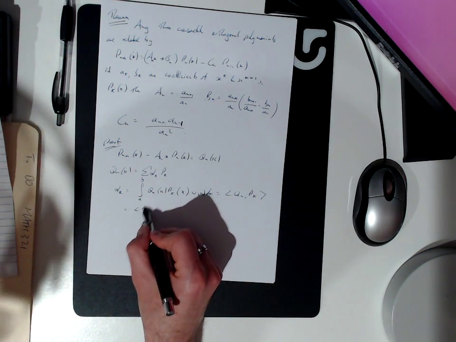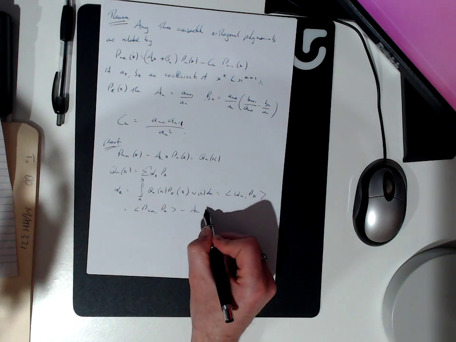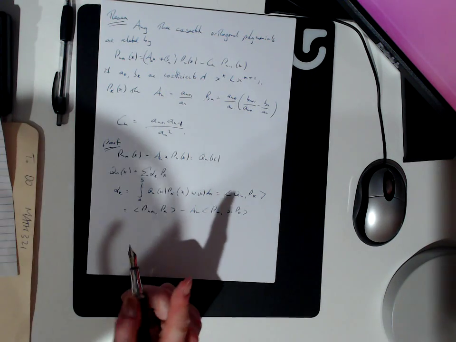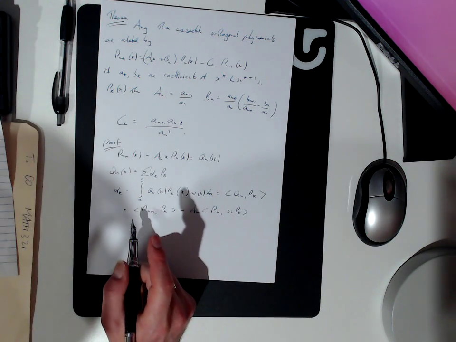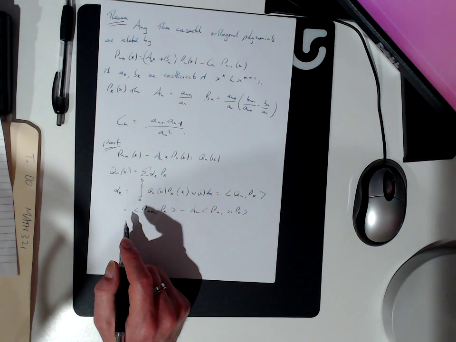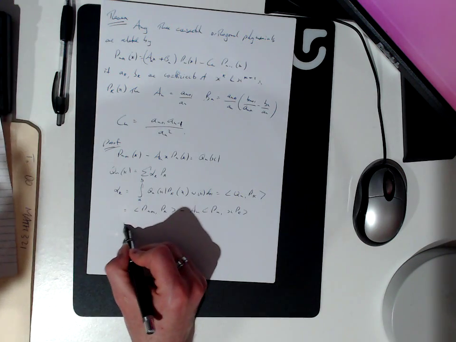But we also know that this is equal to the inner product of P(n+1) with p_k minus a_n times the inner product of x P_n(x) with p_k. Now, as claimed, every orthogonal polynomial of degree n is orthogonal to every polynomial of degree less than n. So this is equal to 0.